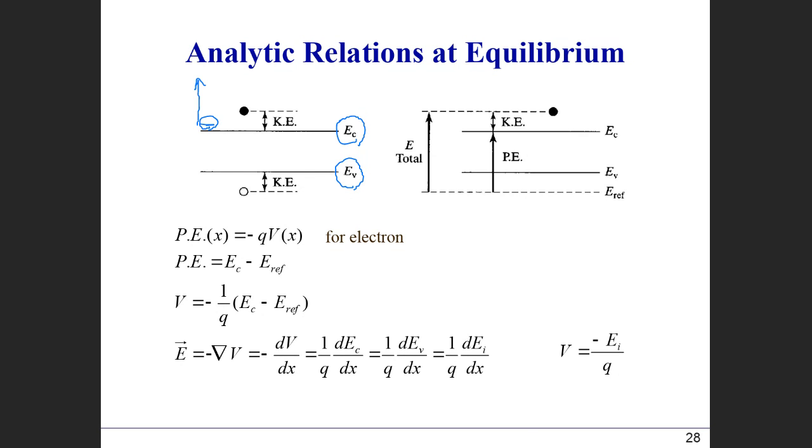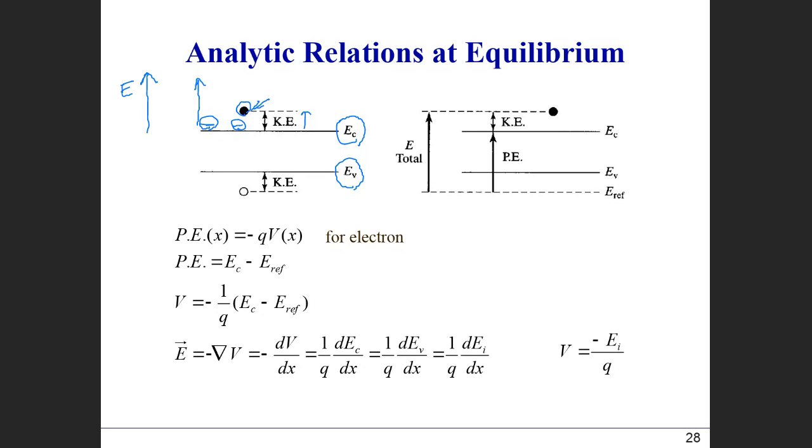If we compare the energy here and here, the electron located here has this amount of more kinetic energy compared to the electron in the conduction band. So for the electron, in this direction, energy is increased.